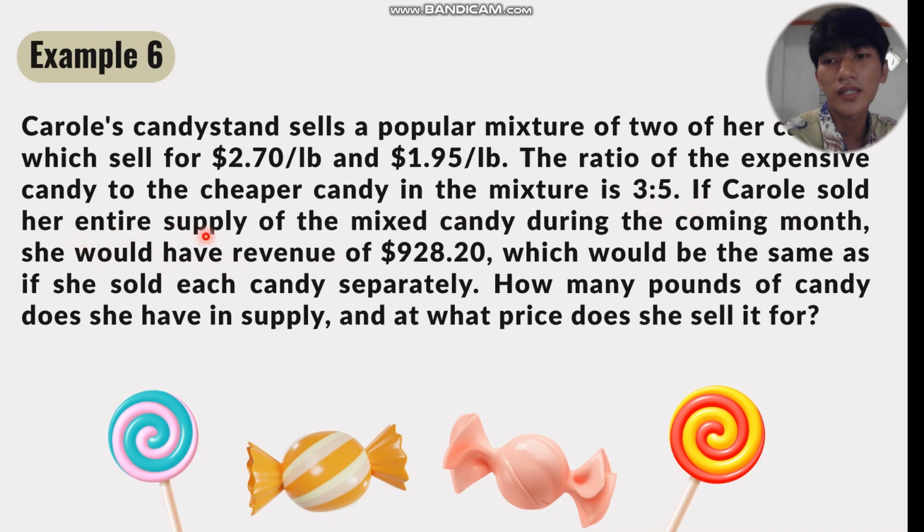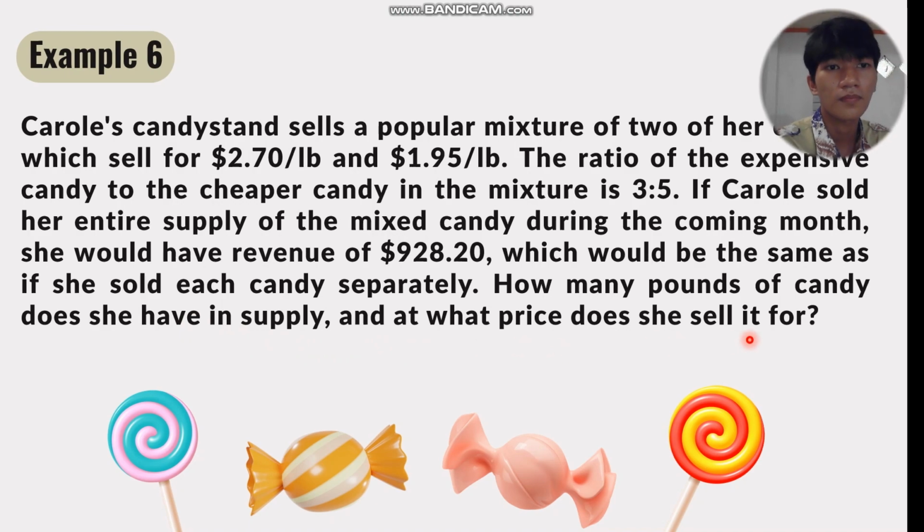If Carl sold her entire supply of the mixed candy during the coming month, she will have revenue of $928.20, which will be the same as if she sold each candy separately. How many pounds of candy does she have in supply, and at what price does she sell it?